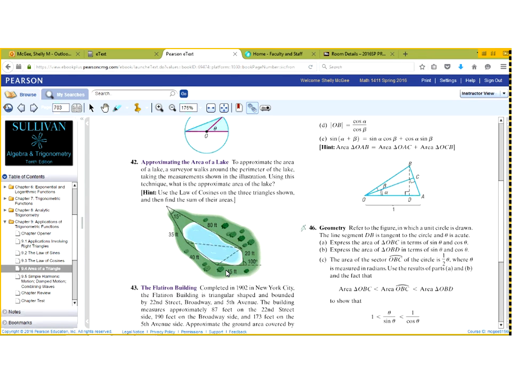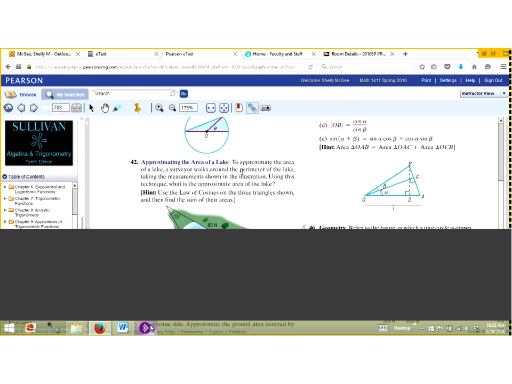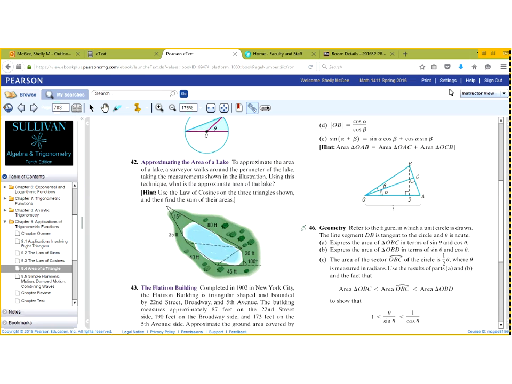Okay, so starting with area 1, we have the angle, so we're going to do the 1/2 times 35 times 80 times sine 15. So let's go back.